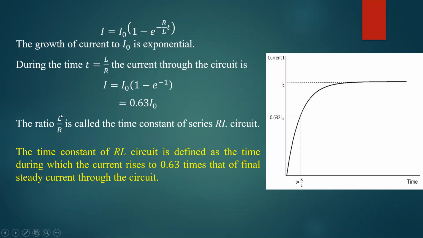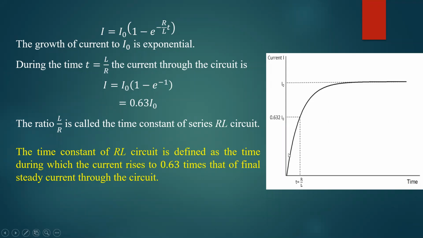So when time equals L by R, the current I becomes 0.63 times I naught, where I naught is the maximum steady current. Therefore, the time constant L by R is the time at which the current rises to 0.63 times the maximum steady current through the circuit.